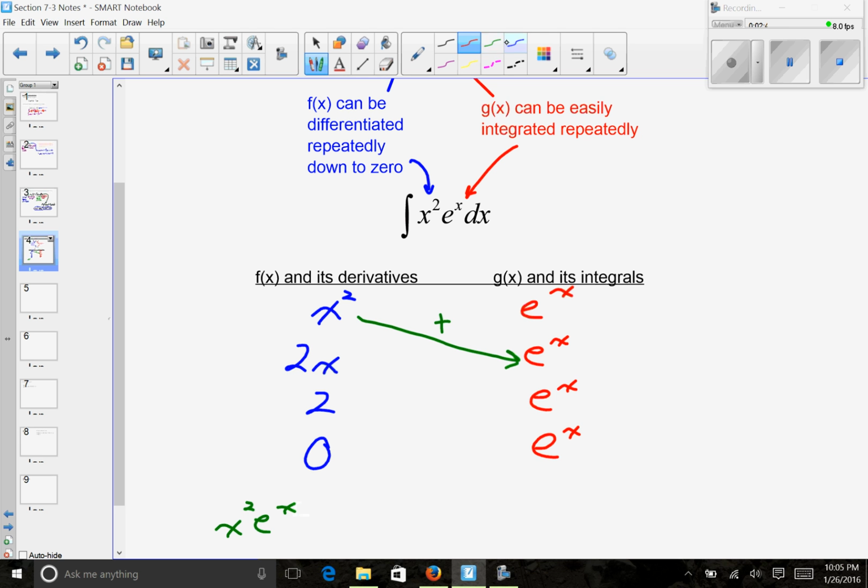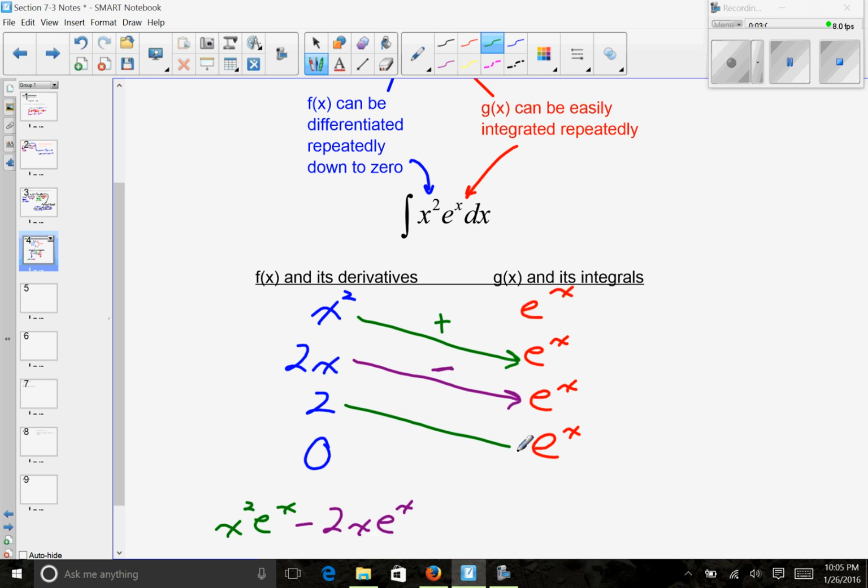Next, I take the second f of x term, go diagonal to the third g of x term, and this is going to be a minus. So I multiply what's connected by the arrow and subtract it, so this is a negative 2x e to the x.